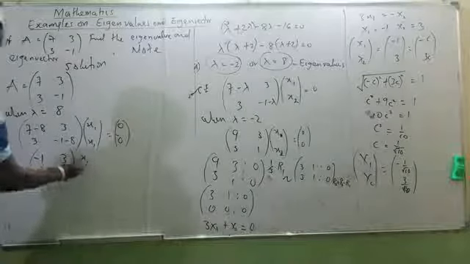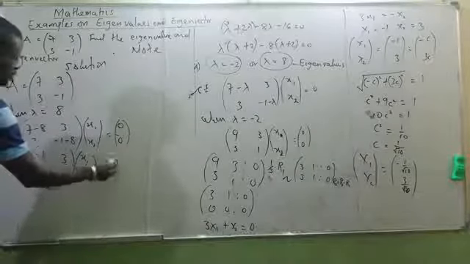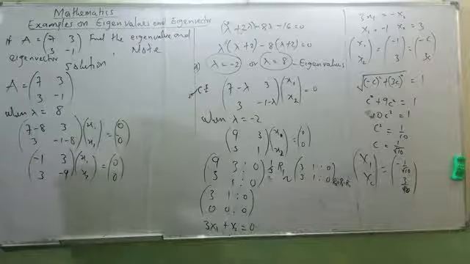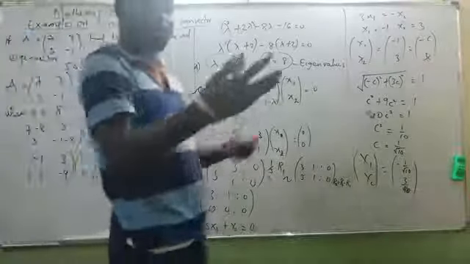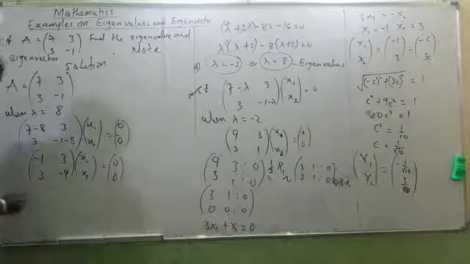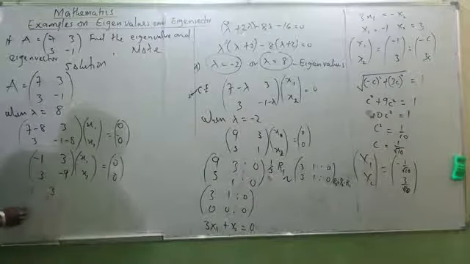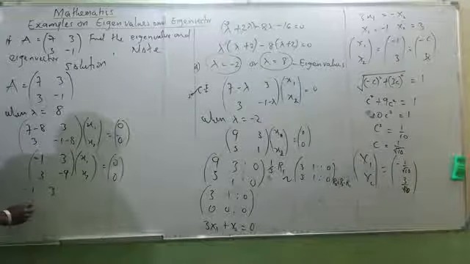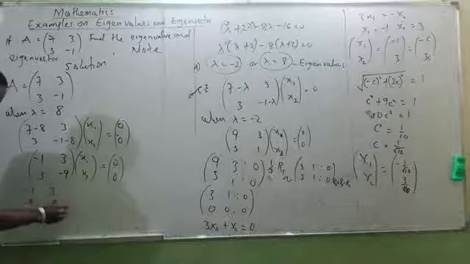x1, x2, and 0. I will try to do augment. There are different ways of solving this. You can use any method of your choice. Now I can say that 3 and 3 minus 3. Now augment it.